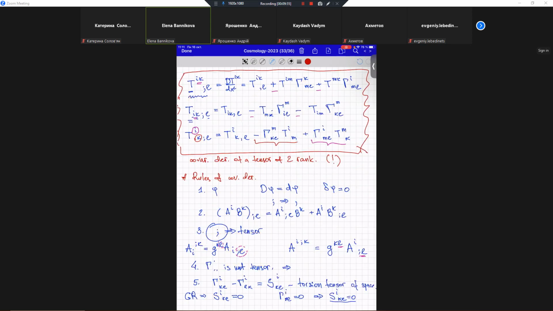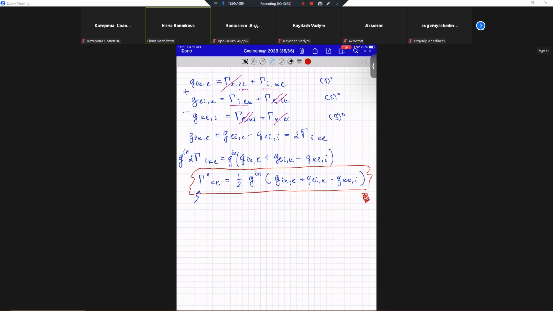So here you can see that the operation of differentiation is much more complicated, because we have an additional summand which takes into account the fact that when we have a vector and we move this vector along a coordinate axis, this vector will rotate a little bit, due to the fact that the coordinate system and coordinate axes can be curved. As a result, we have this information about the coordinate system exactly in the Christoffel symbols.